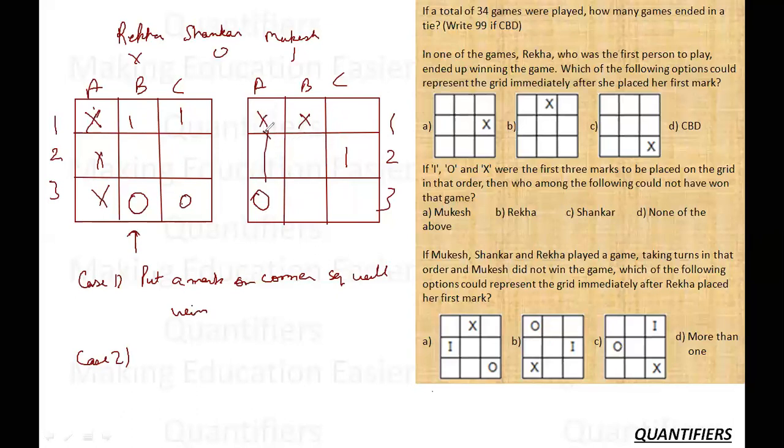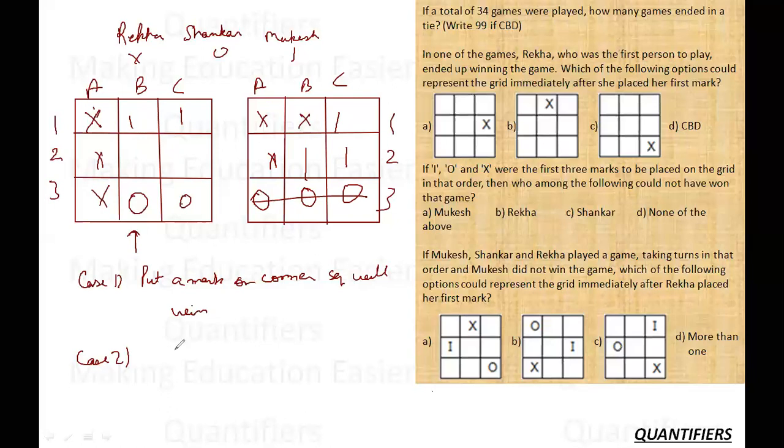So X is here, so O cannot come here, cannot come here. So O will come here. Since O is here, X cannot come here, cannot come here. So X will come here. Now X is here, so O cannot come here, cannot come here. O can come here only. Now X has to come at this place and O will win in the second case.